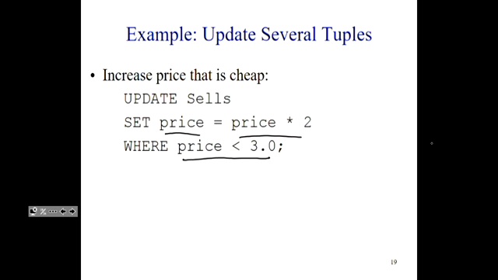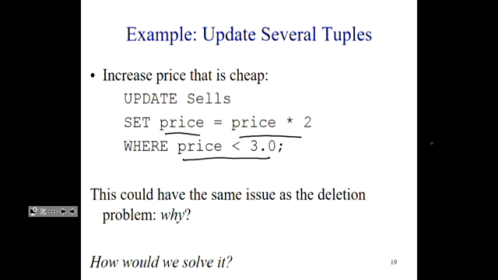In this case, once again, I have an issue just like in the deletion case, right? So why do you think that is? And how would we solve it? Yep. It depends if we do the price comparison before or after the multiplication.